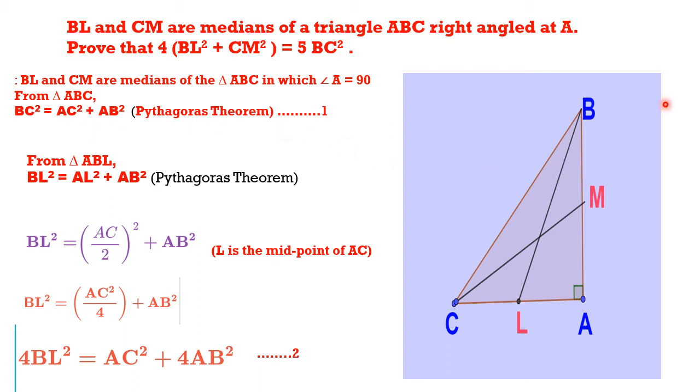First is the bigger triangle ABC, right angled at A. So it is very simple because BC is the hypotenuse. It will be AC squared plus AB squared is equal to BC squared. We have to mention it in the bracket and give the name equation 1.